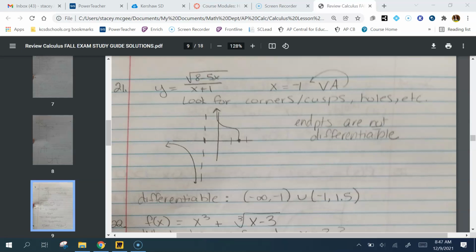Continuous just means the limits are the same from the left and the right. So it can be continuous but not differentiable. A corner would be an example.